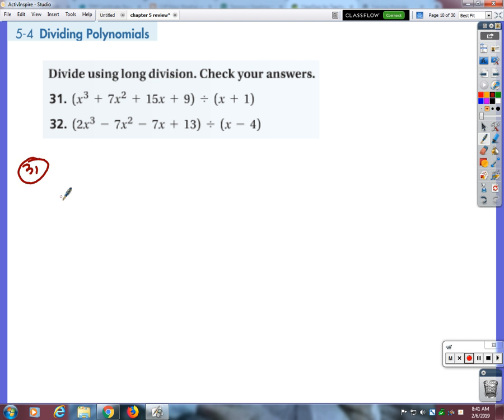Everybody loves dividing polynomials. So the first thing we'll do is we will review dividing polynomials by long division, and then we will review dividing polynomials by synthetic division. Okay? So I'm going to go x cubed plus 7x squared plus 15x plus 9 divided by x plus 1.